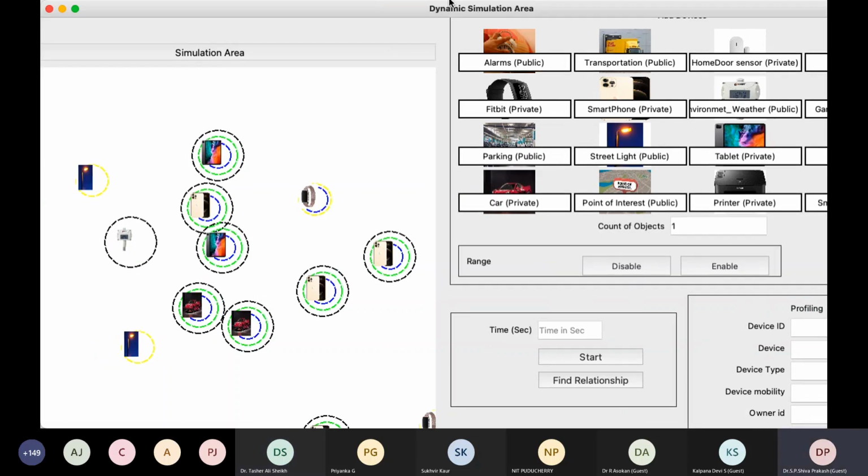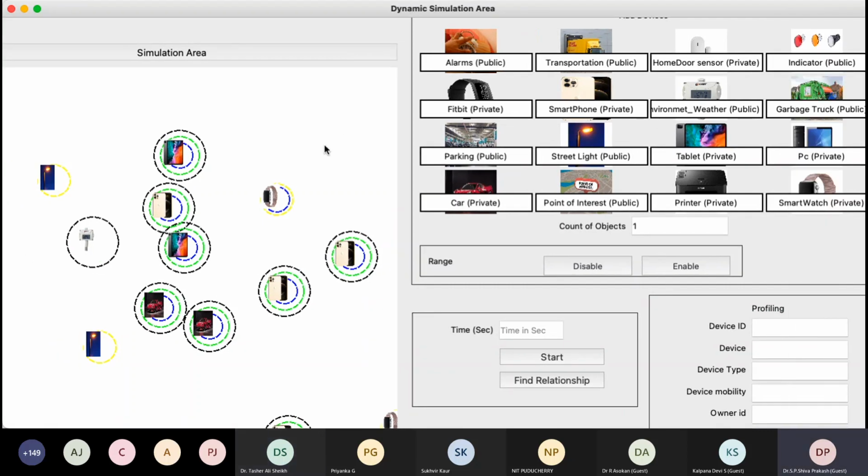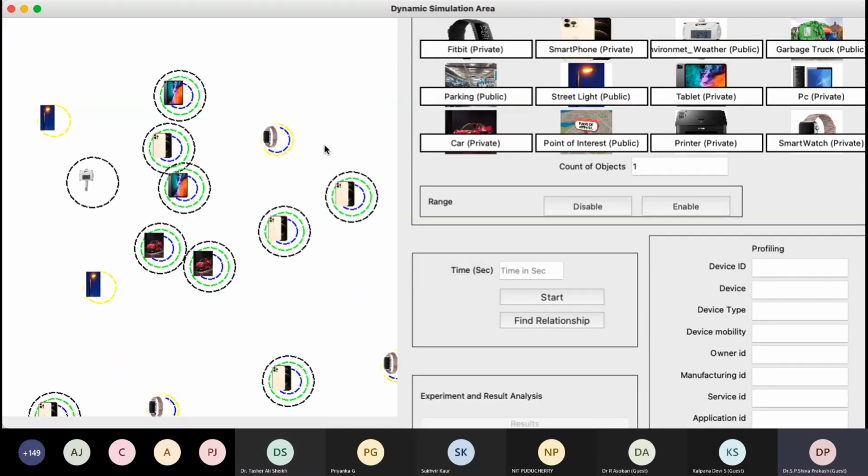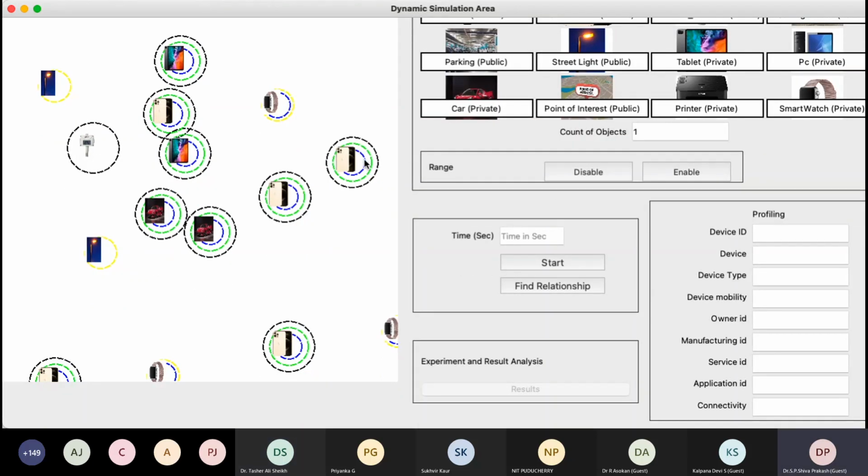Basically, what we are trying here is, initially we build a relationship between the devices. When we talk about devices within a social IoT, profiling is important.